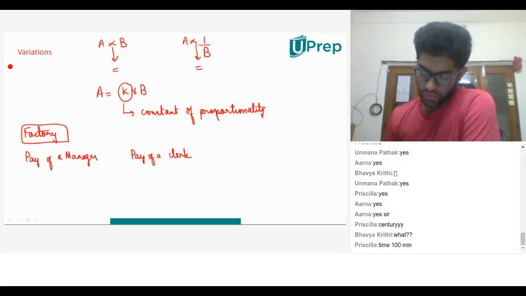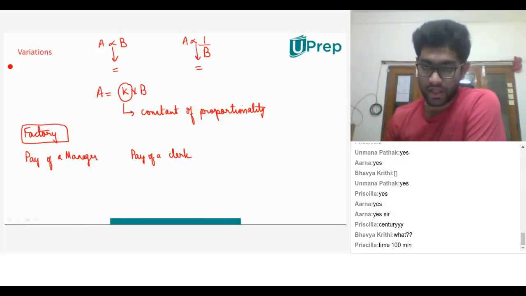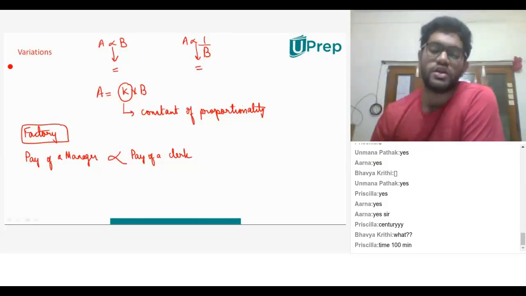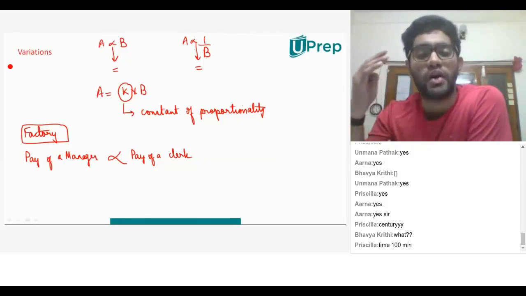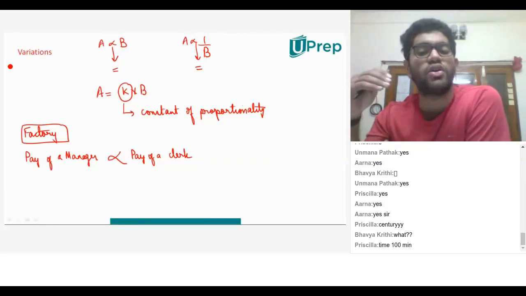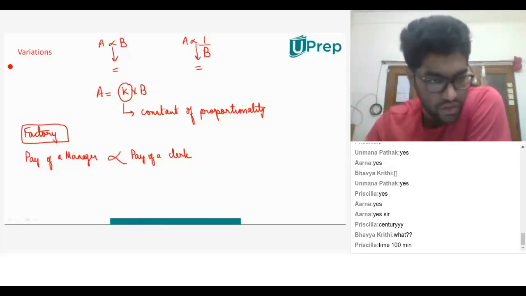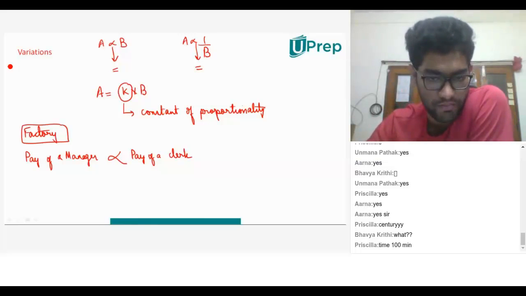Now what if I tell you the pay of the manager is directly proportional to the pay of the clerk? What does that mean? If the manager is going to earn more, the salary or the wages of the clerk are also going to increase. Does that make sense to you guys? Is that clear? This is the logic we discussed previously.